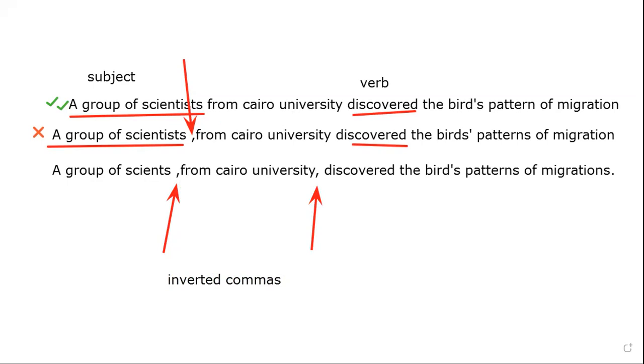Let me show you. Mariam, can you read? A group of scientists discovered the persistent pattern of migrations. Does it give a meaning? Yes, it does. So that is correct.